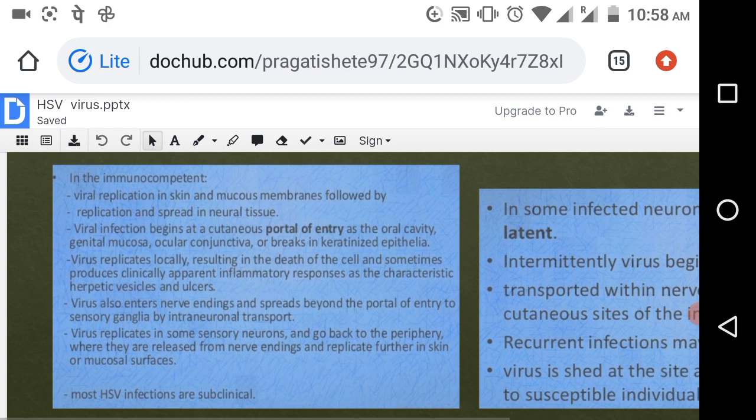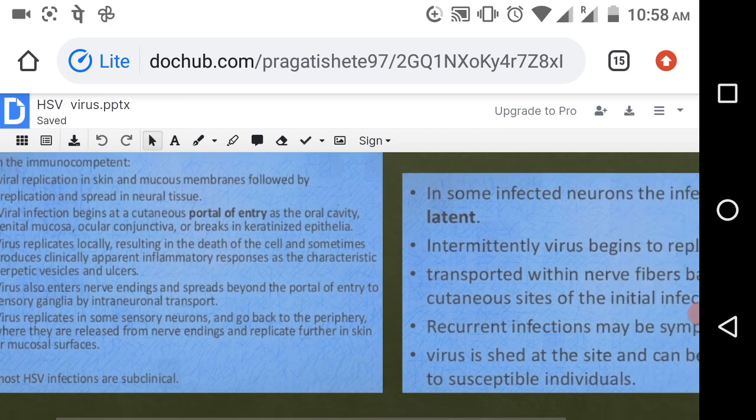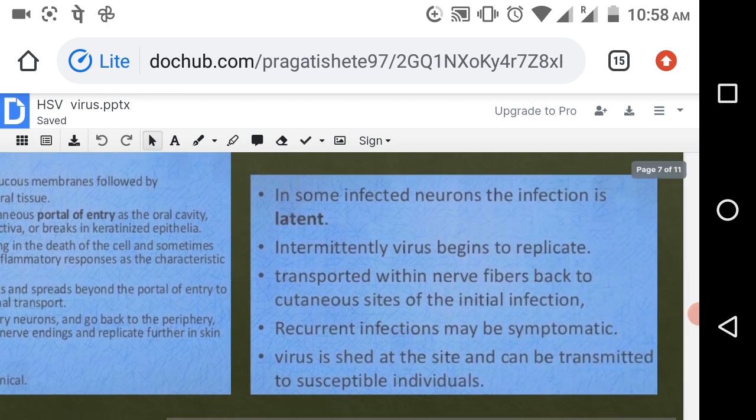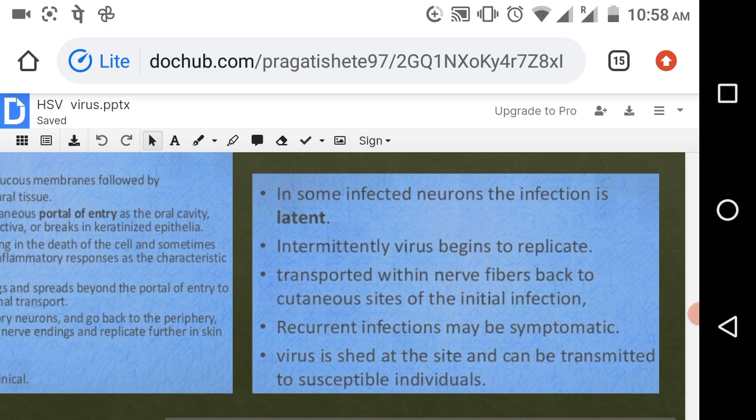Most HSV infections are subclinical. In some infected neurons the infection is latent. As we saw in the last lecture, HSV can remain latent in a person's body without any symptom.